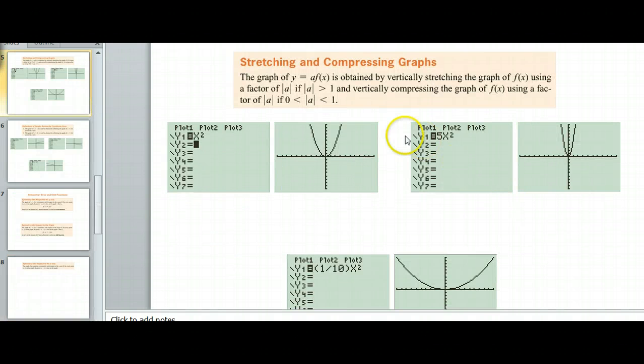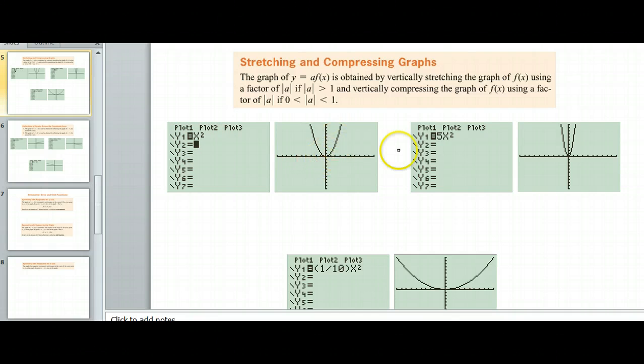Alright, now stretching and compressing, it's the same idea as before. We take this base function, and what this is saying is if we multiply the original function by some number, then we get a stretch of the graph by some factor if it's greater than 1, and we compress the graph if it's between 0 and 1. So if I have plain old, there's my base function again, x squared.